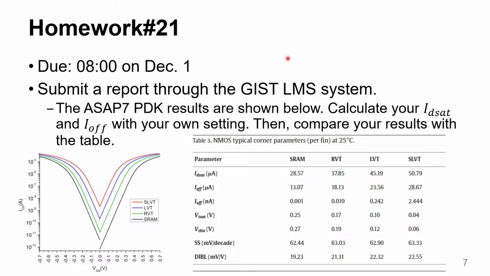So in this homework, please just run your simulation with some different gate work function values. Then you can have different curves, and please make a comparison of your off current with the one shown here, and your on current with the one shown here.